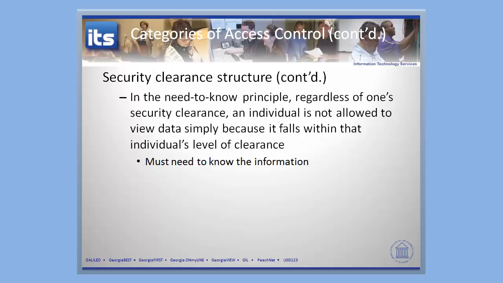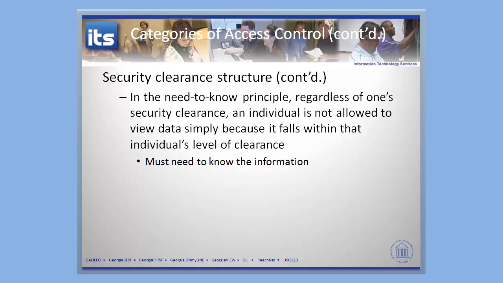As you might imagine, this goes back to the need-to-know principle, which we talked about during the last video in terms of access control. Security clearances provide a mechanism of limiting access to information to make sure that it's aligned with what you need within the organization.